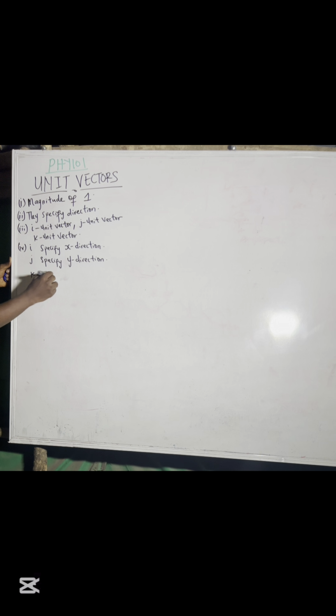So you have to know that the I unit vector specifies X direction, the J unit vector specifies Y direction, while the K unit vector specifies what?